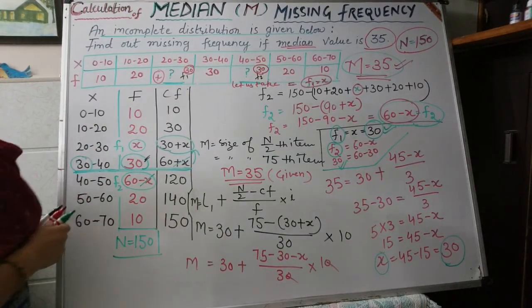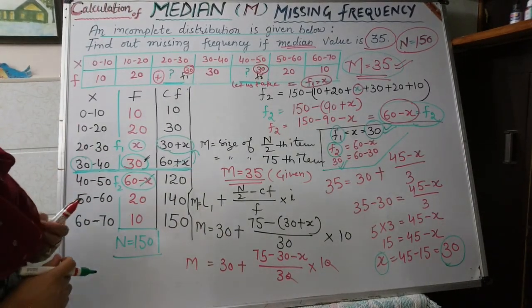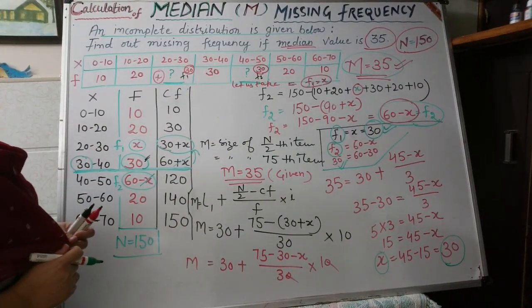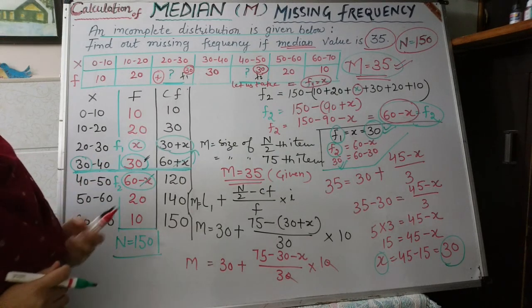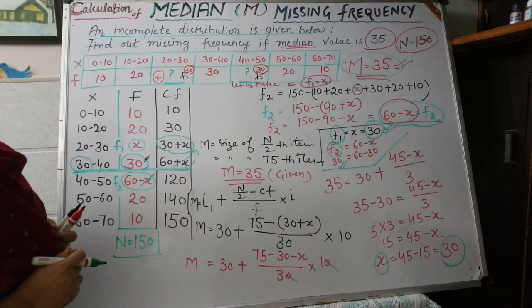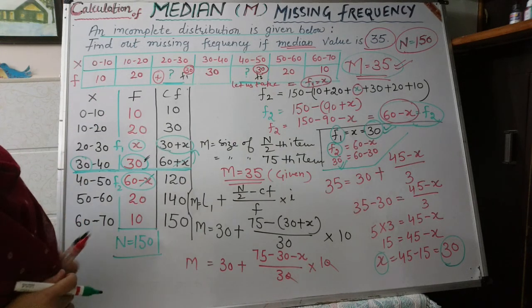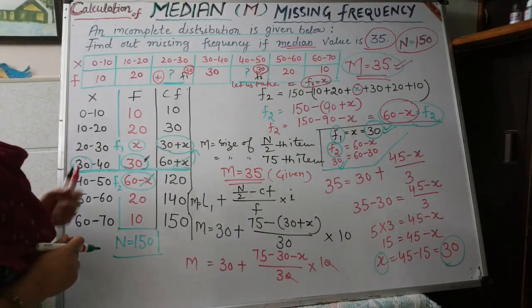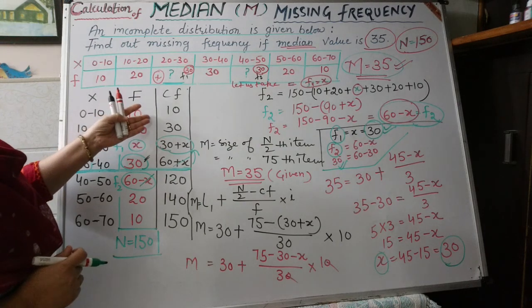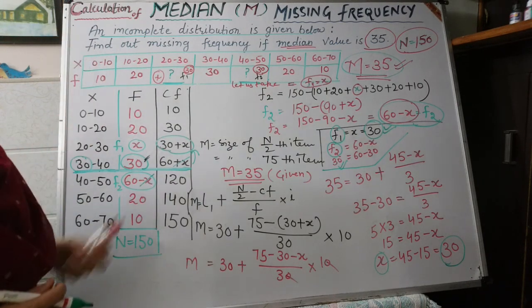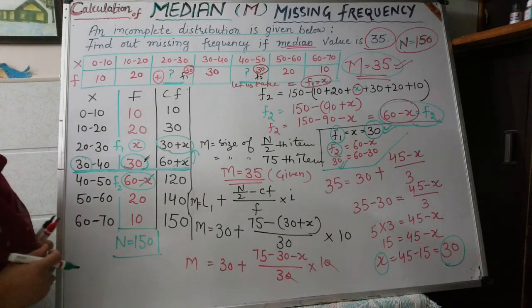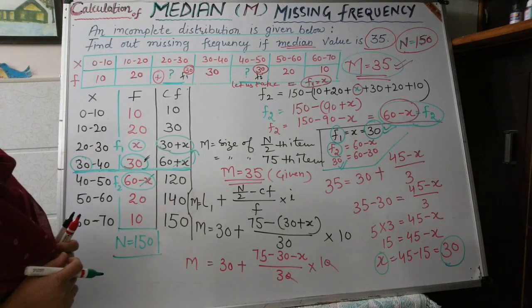So there is no need for a cross-check like the Charlier accuracy test in arithmetic mean. Here in the median, no cross-checking is required. We can check our answers easily.